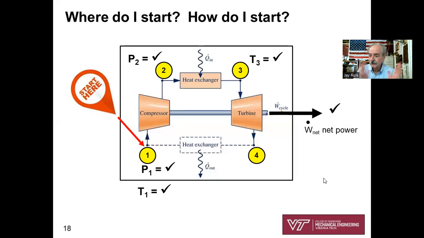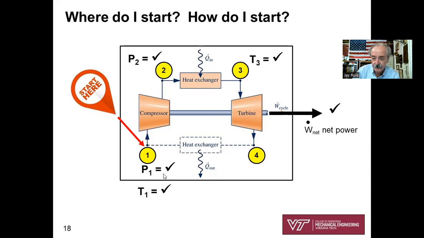Okay, where do I start? A common question. We've got four components potentially to analyze. There are several places you could start, but my recommendation is to look around. Where do you have both pressure and temperature? Well, I've got it at state 1.